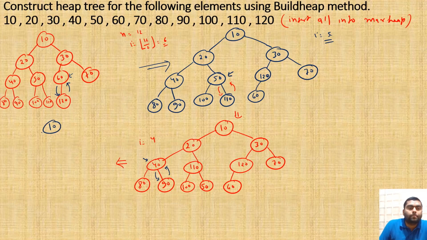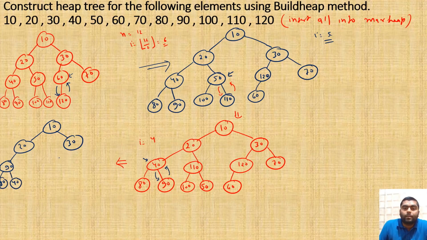It is 10 and 20 and then 30, and 90, 80, 40, and 110, 150, and 30, 120, 70, and left is 60.